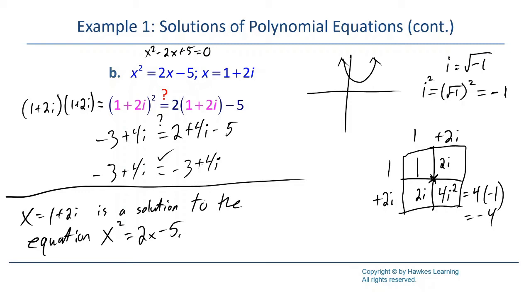And again, technically what this means is if you were to graph x squared minus 2x plus 5, you would actually see that this does not equal 0. So that's one thing to be aware of: if this equation is balanced by an imaginary number or a complex number, then this does not have a real solution.